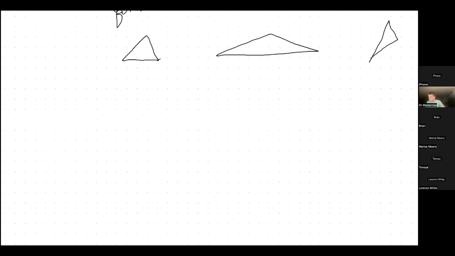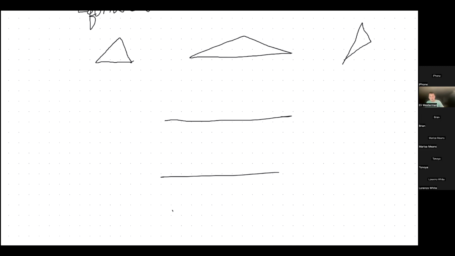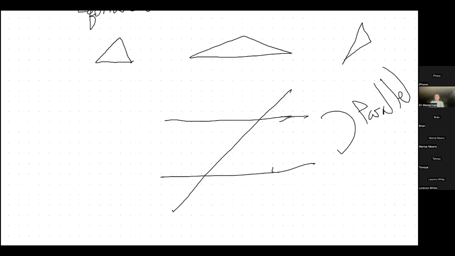Now I want to show one more thing with angles. This is a bit hard to get, but I think it's worth doing. When you have a line like this, these are parallel lines. What does parallel mean? It just means they're always the same distance from each other.